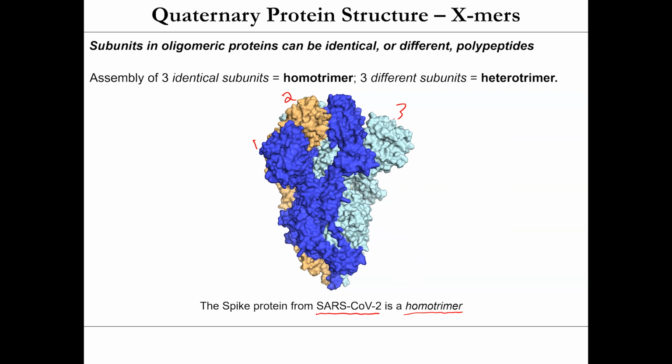But because the spike protein has these three of the same polypeptide chains that interact on the virus surface, the spike protein from SARS coronavirus 2 is a homotrimer.